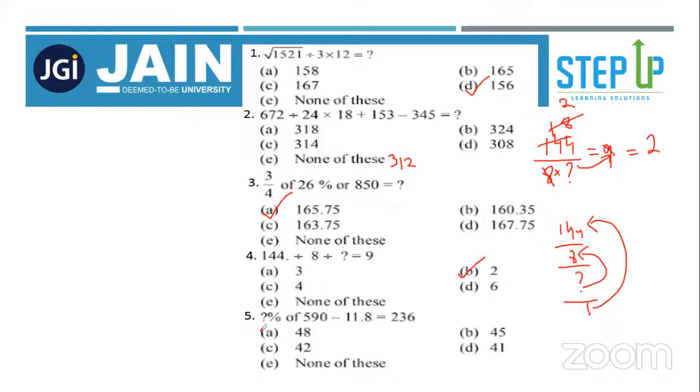Okay, next: question mark percentage of 590 minus this. So I hope you know percentage symbol means divided by 100. So question mark divided by 100 of 590 minus 11.8 equals 236.